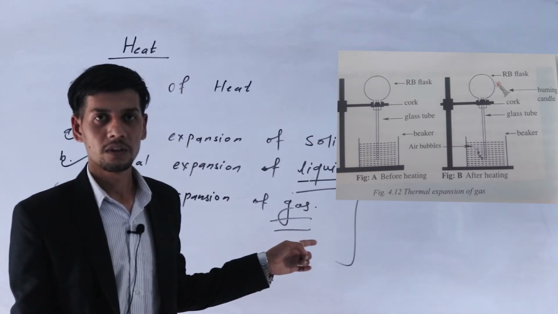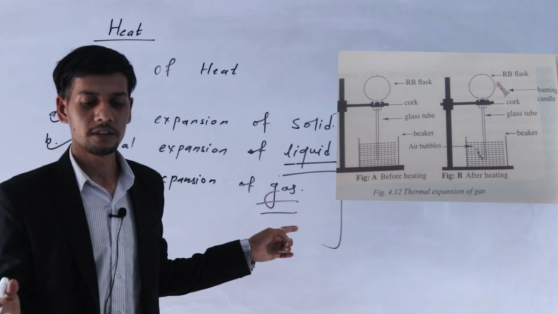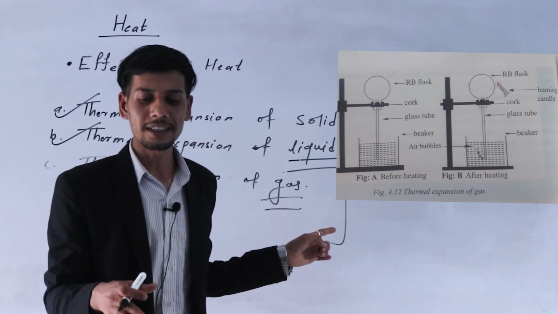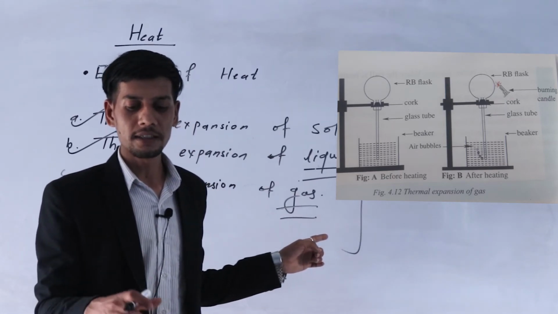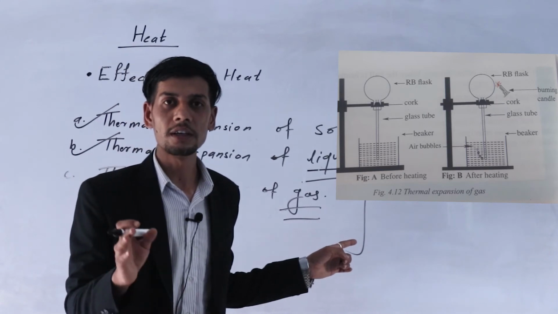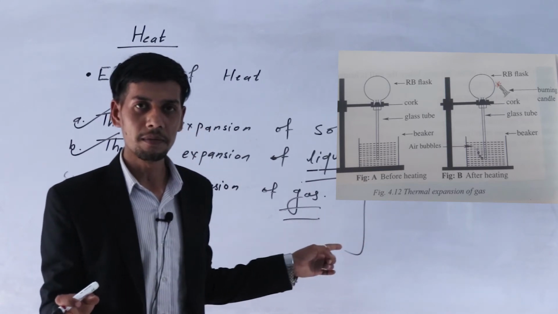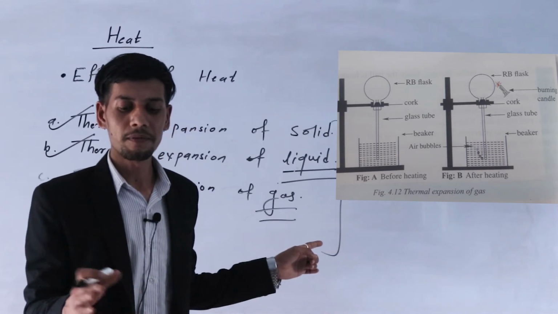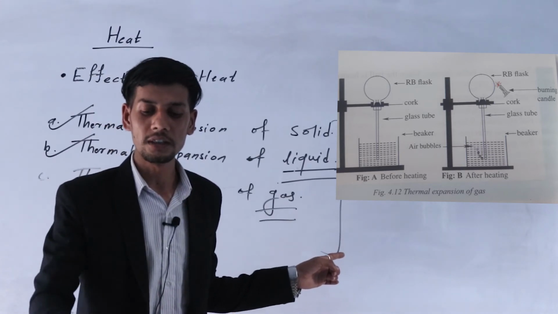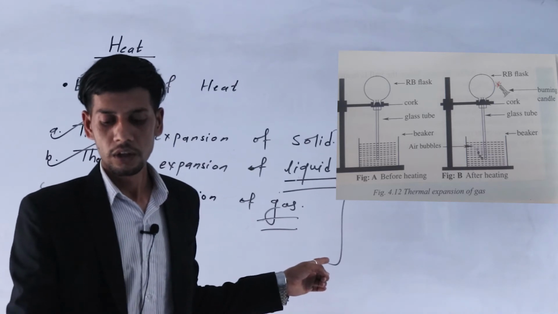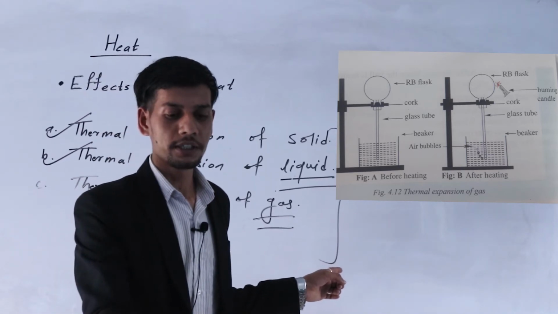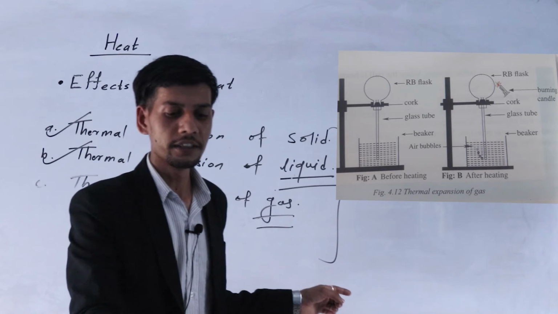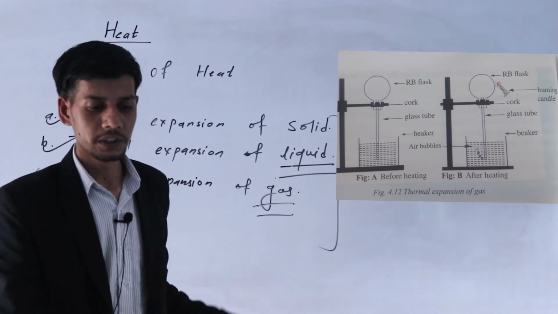Fix the flask inverted as shown in the diagram. The other end of the tube is inside the water of the beaker.